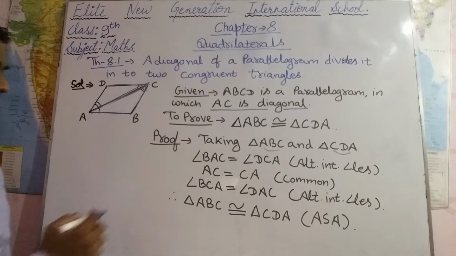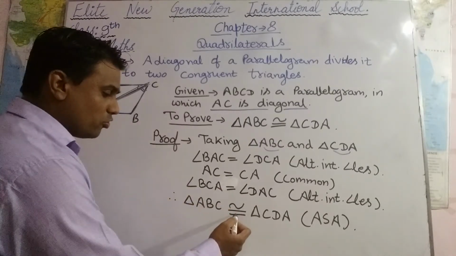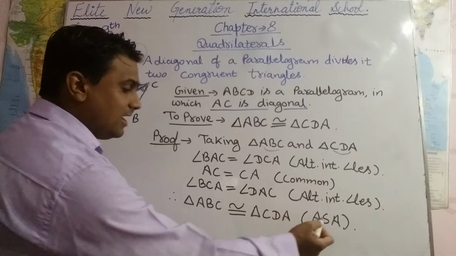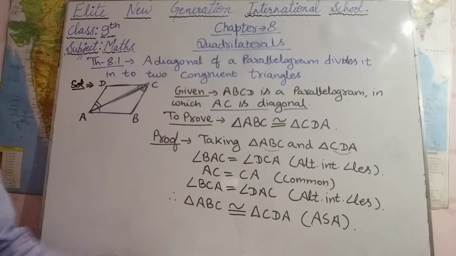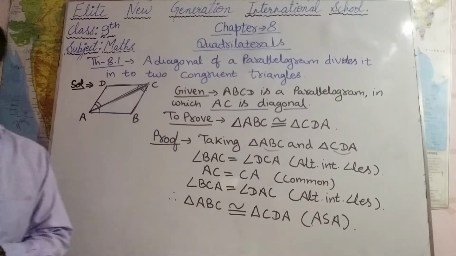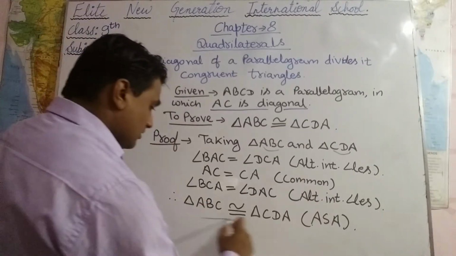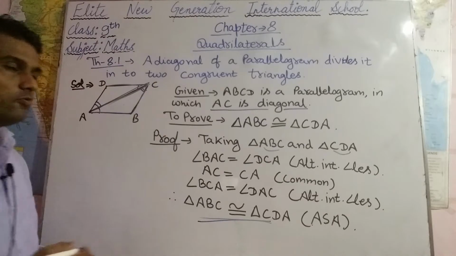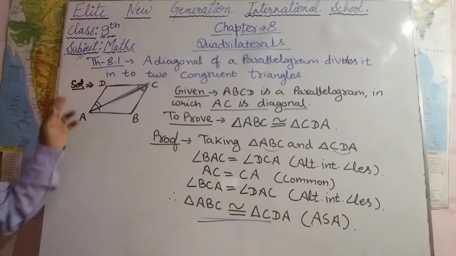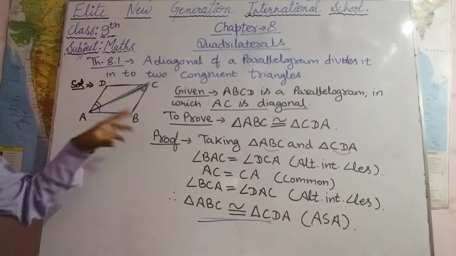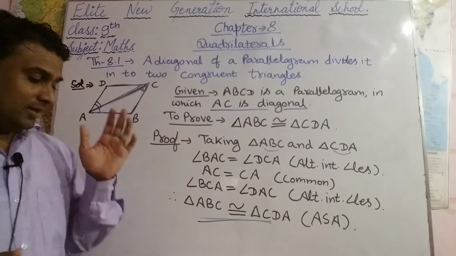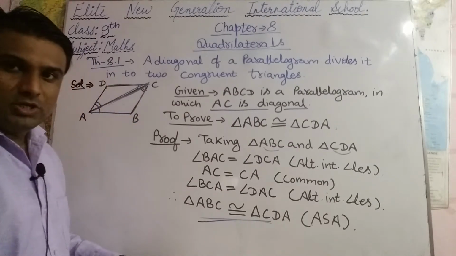So triangle ABC is congruent to triangle CDA by ASA criteria. Hence the diagonal AC divides the parallelogram into two congruent triangles. In the same way you have to do the remaining theorems.